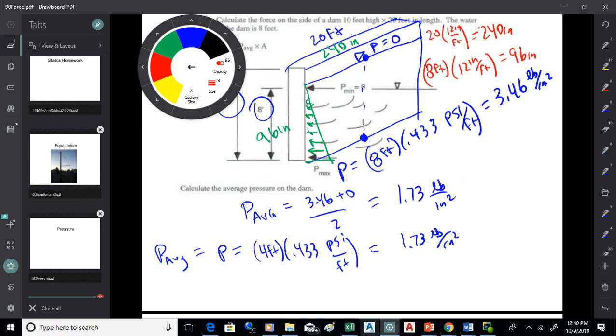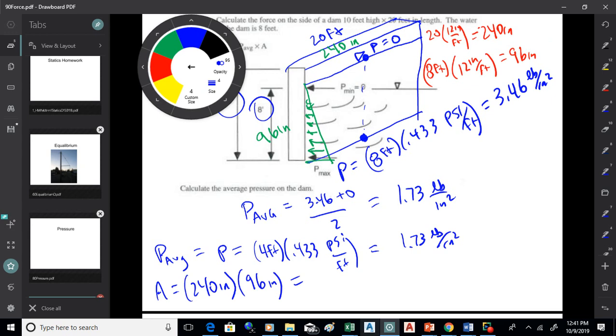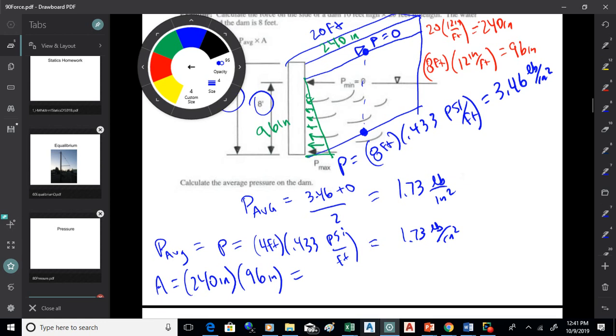Okay. So you want the area. And it's going to be big. I mean, these large objects like dams and water tanks have large areas in square inches, of course. So we multiply that out and get the area. 23040.